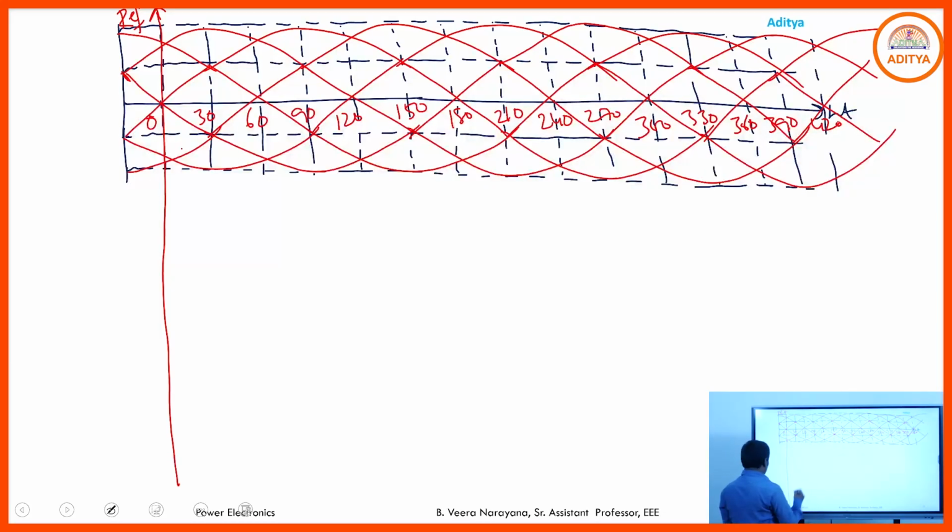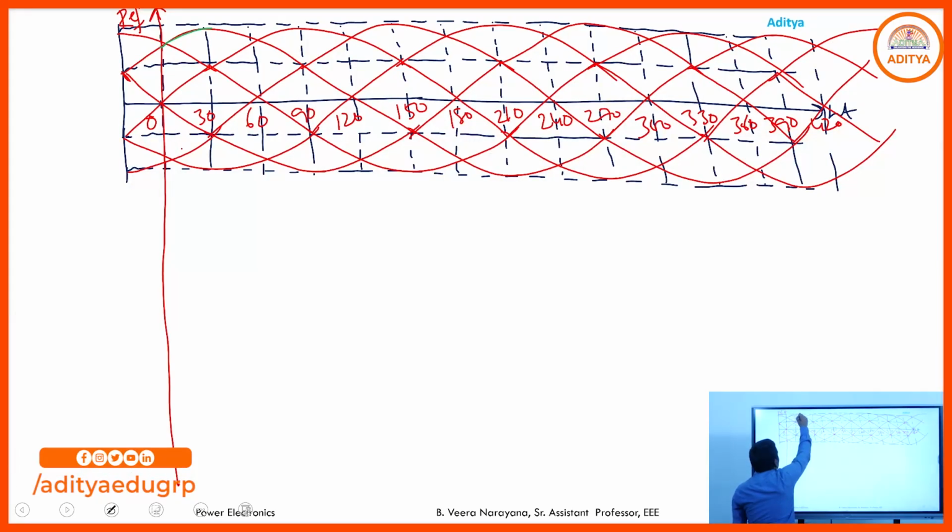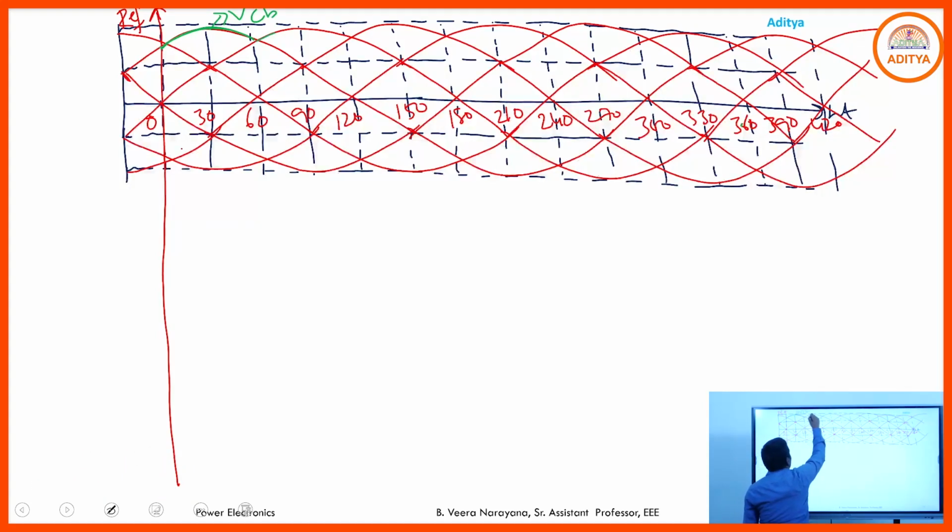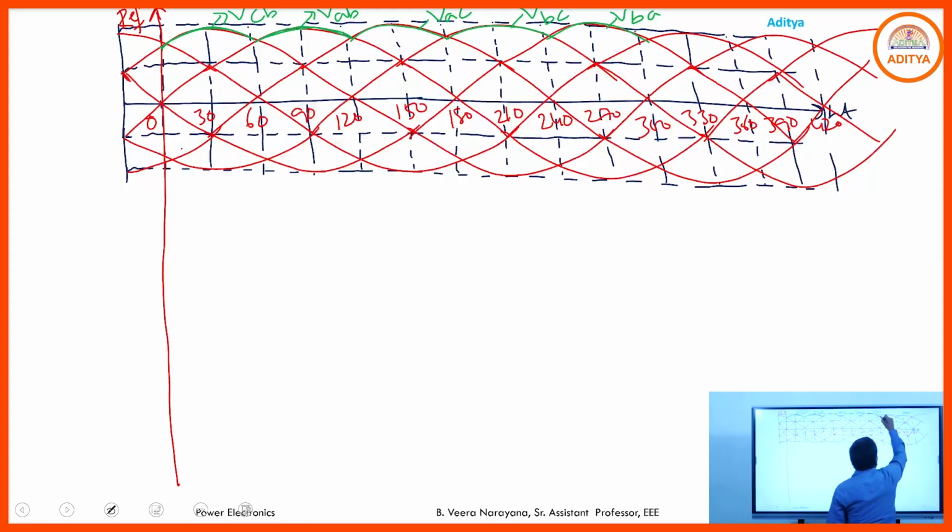And here, this 0 to 60 is the representation of the VCB line, and 60 to 120 is the representation of the VAB line, and 120 to 180 VAC, 180 to 240 VBC, and here VBA, and here VCA, and this one VCB. This is the line voltage representation.